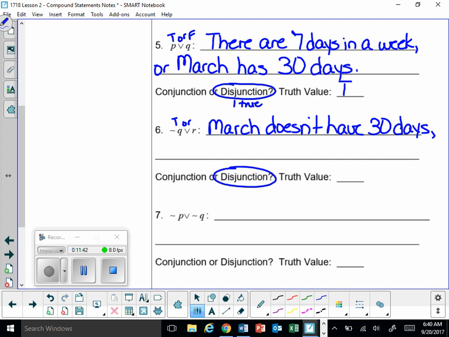That is true. I only need one true on a disjunction, so I know my truth value is going to be true here. Or R is Halloween is on October 31st. That is also true. So my disjunction for number 6 has a true truth value.